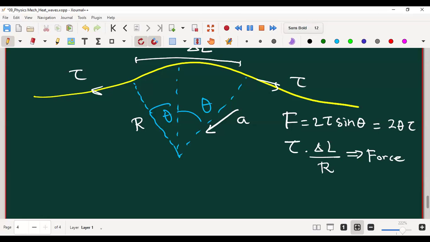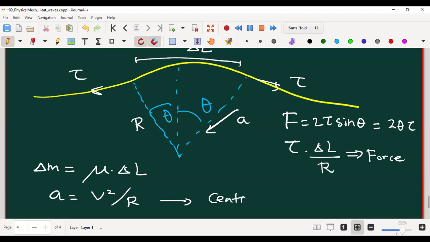Then we can define the mass of the string. This one is delta M, a small mass. This is mu times delta L. The expression is v squared divided by R. You remember that this one is centripetal acceleration, right?